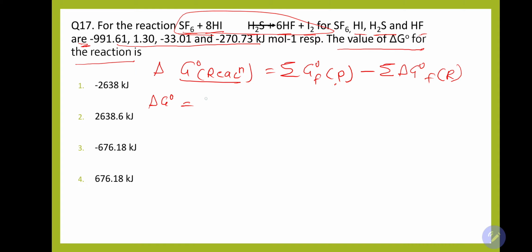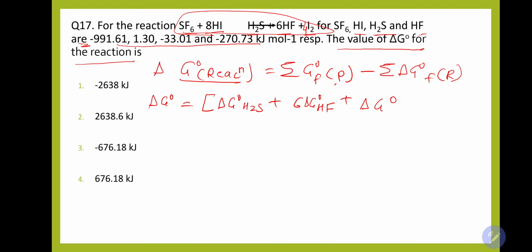First of all, write the formation of products. So it is delta G naught of H2S plus 6 into delta G naught of HF plus 4 into delta G naught of I2.